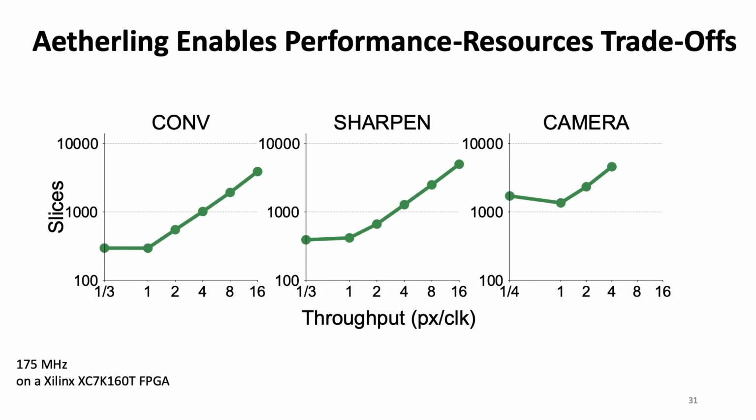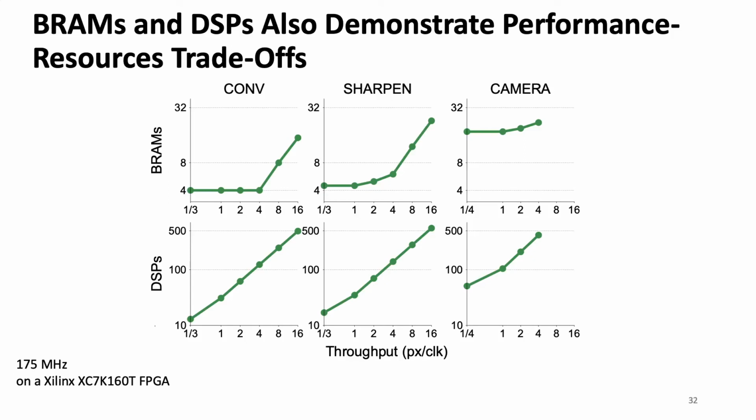The only exception is at throughputs less than 1 element per clock. The high resource utilization here is due to control logic overhead inside underutilized operators. We also measured two other types of FPGA resources, BRAMs for storing large chunks of data like rows of images, and DSPs for doing complex math like division. These charts also demonstrate the performance resource trade-off.